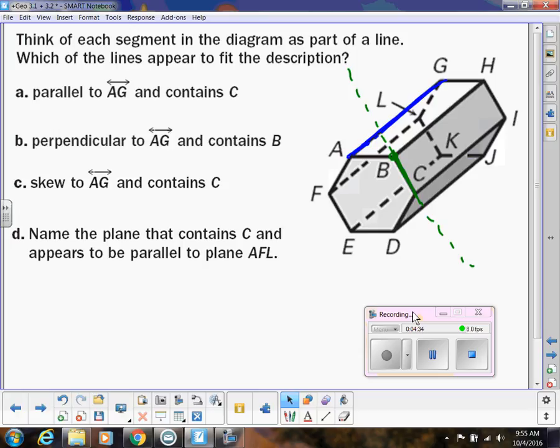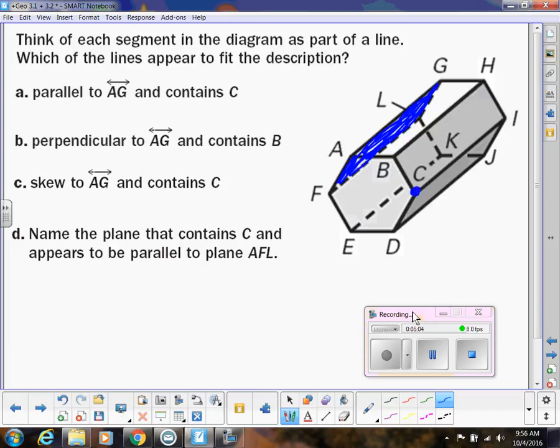The last one: name the plane that contains C and appears to be parallel to plane AFL. Let's color in plane AFL. That's this one right here, the plane that we can't really see, on the outside. We want the plane that contains C and appears to be parallel.